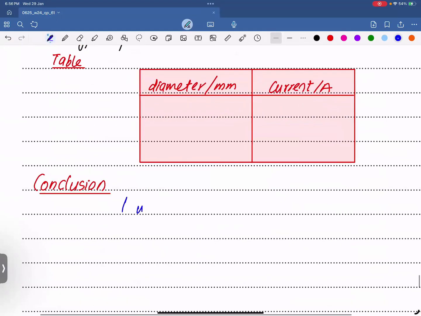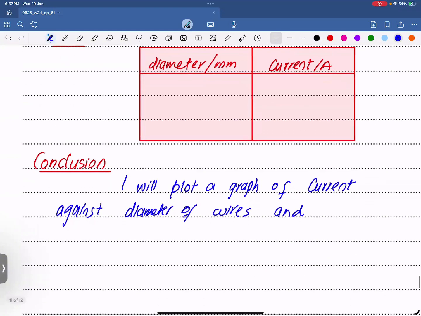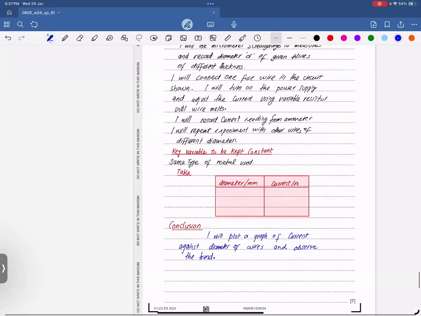I will plot a graph of current against diameter of wire and observe the trend or compare the reading. You don't have to draw the graph or axis.